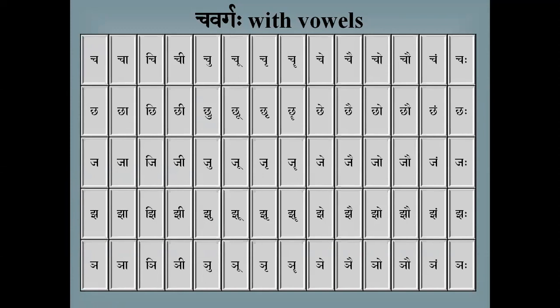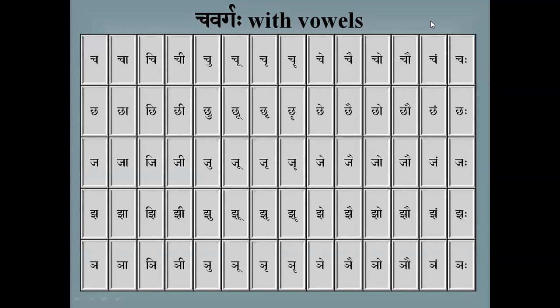Chakara plus a equals cha. So that is how you get cha, chi, chu, and so on.